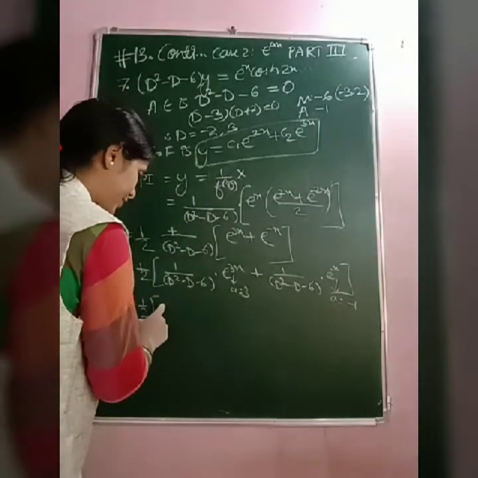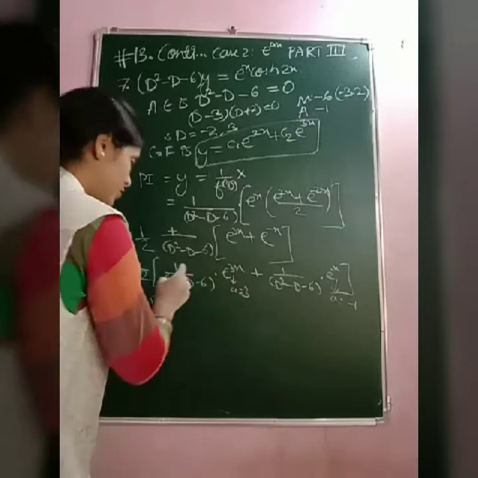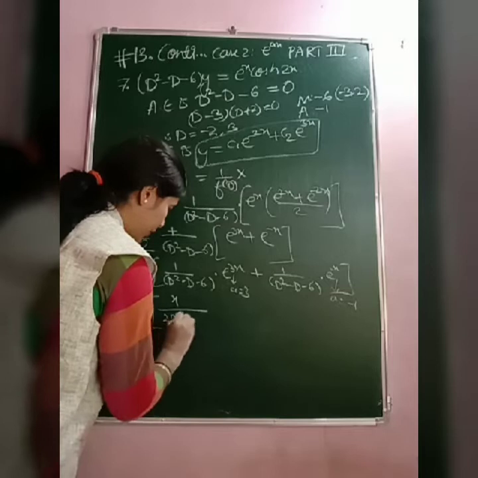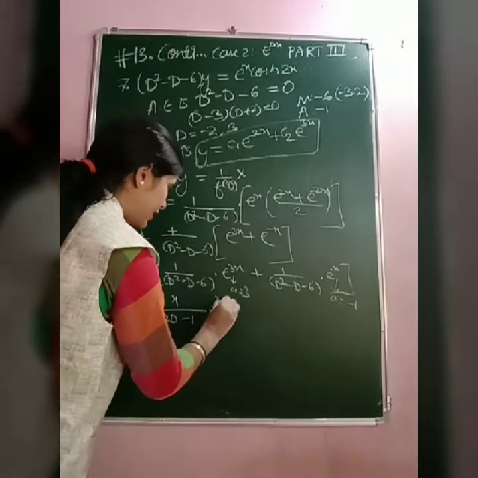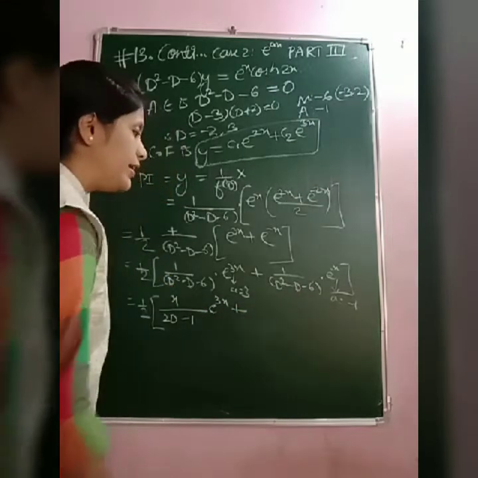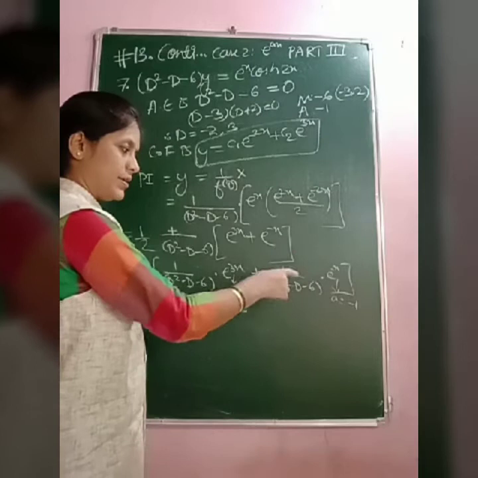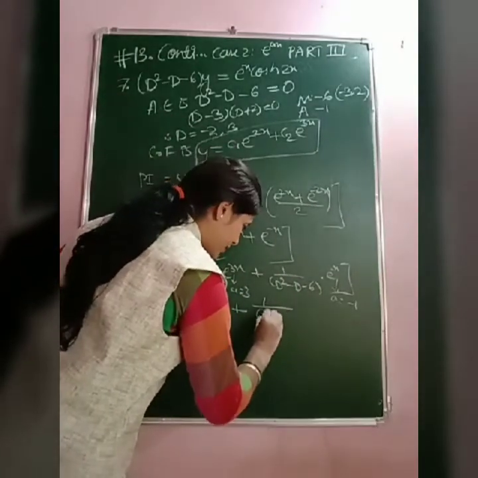We are getting 0, so multiply the numerator with x and differentiate the denominator: 2D minus 1, e raised to 3x, plus. What about here? Put minus 1. 1 plus 1, so you do not get a 0. So straight away let us substitute minus 1 square.